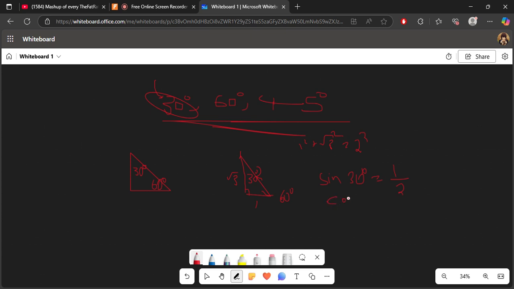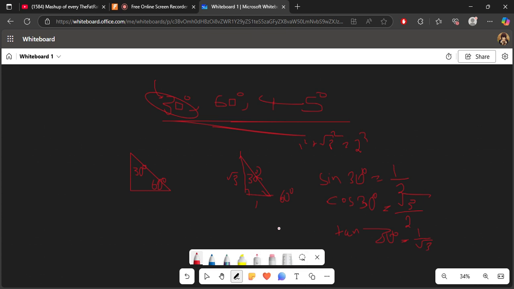Then the cosine of 30 degrees will be the adjacent, which is square root of 3, over the hypotenuse, which is 2. Then the tangent of 30 degrees will be that opposite, which is 1, over the adjacent, square root of 3.